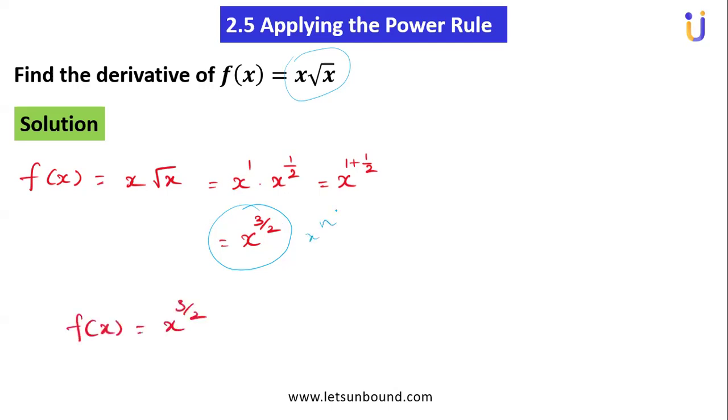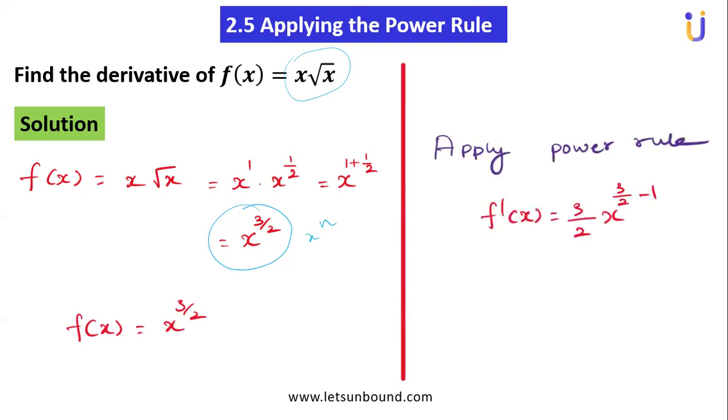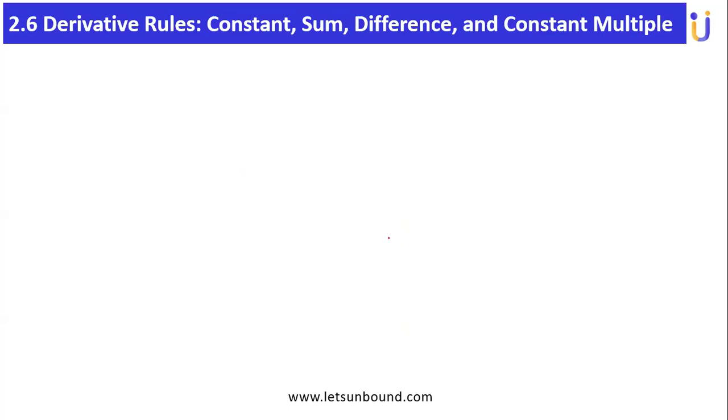Now you apply the rule. f of x is x power 3 by 2, and apply the power rule. f dash of x is multiply this and subtract 1 and simplify it. And always try to make the expression the simplified version. Without x power half, you can convert to root x. That's simple.